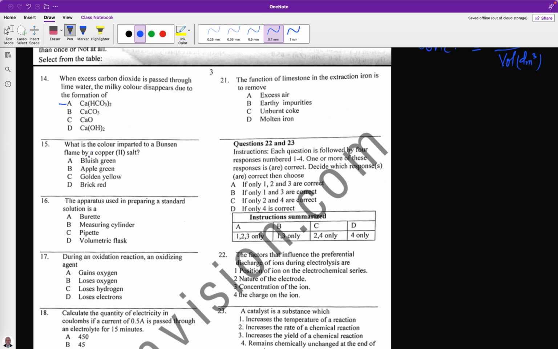What is the color imparted to a Bunsen flame by a copper 2 salt? The options include bluish green, apple green, golden yellow, and brick red.